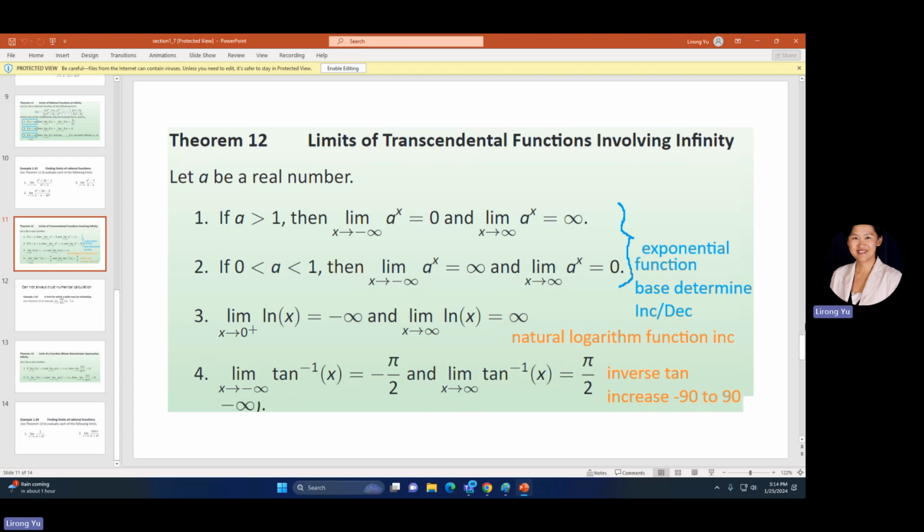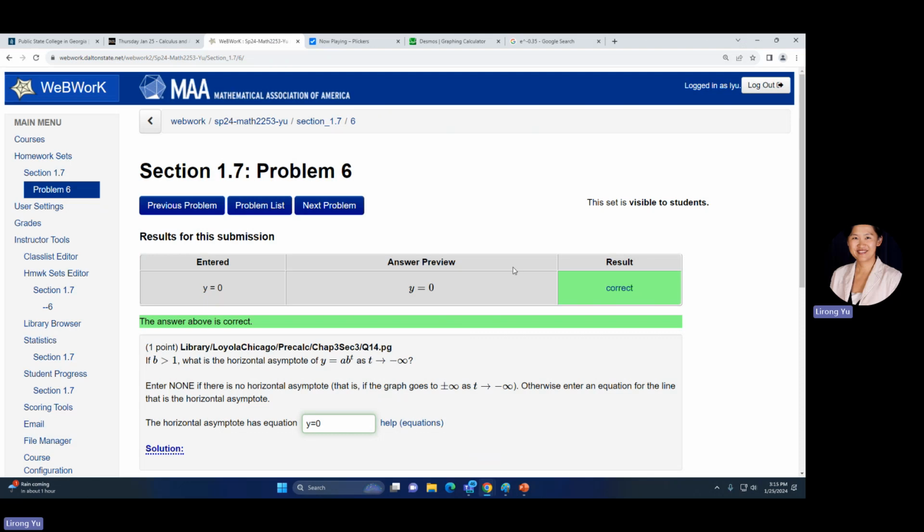They're the same. The logarithm has only a vertical asymptote because the logarithm is the inverse of the exponential function. This one is y equal to 0. This one is x equal to 0. So between the function and the inverse, we switch x and y. That should be question number 6.